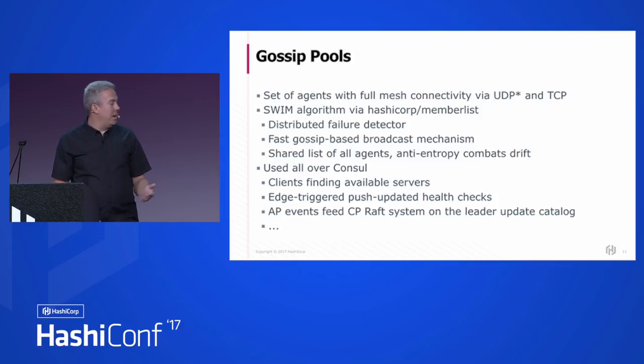Is this host there or not? And we feed those available and partition-tolerant events into our consistent and partition-tolerant system via Raft to give a consistent answer at the leader. So whoever the current leader is takes the events from the gossip pool and puts them in the catalog by running them through Raft. It's a very interesting property that we marry those two styles of systems together to get a lot of benefits inside of Consul.